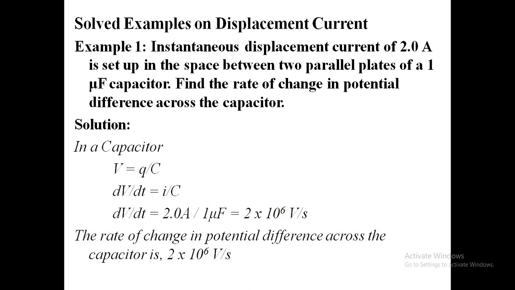And the potential difference is given as Q by C, and its rate of change is given as I by C, where I is the displacement current and C is the capacitance value. Substituting both, we get the rate of change in potential difference across the capacitor as 2 into 10 raised to 6 volts per second.